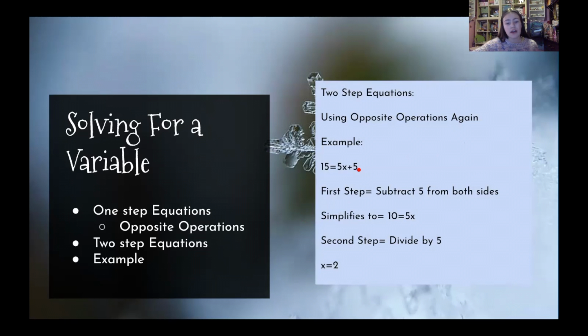So minus 5 on both sides. So that would be 10 equals 5x. The second step is you divide both sides by 5 because 5x is still left. So what is 10 divided by 5? The answer would be x equals 2.